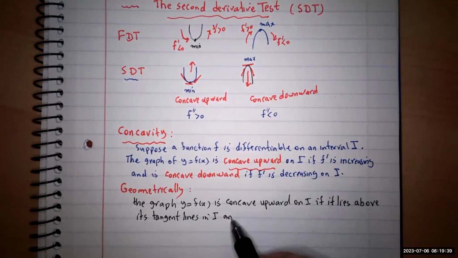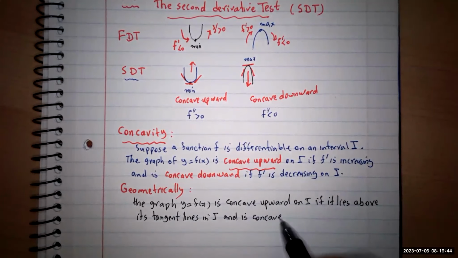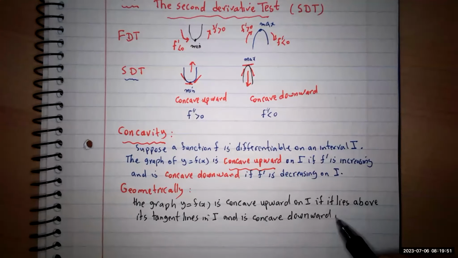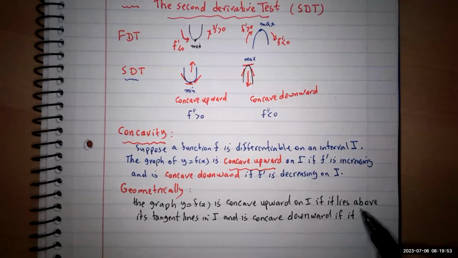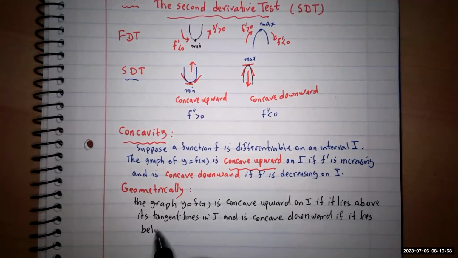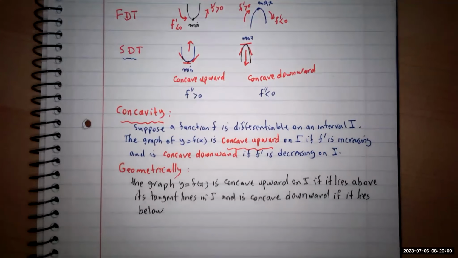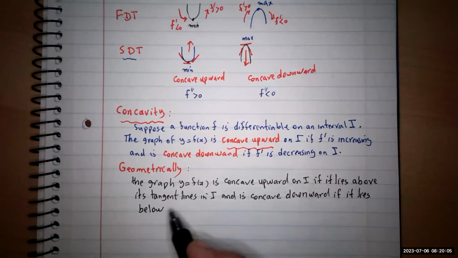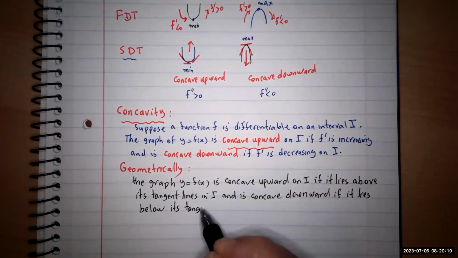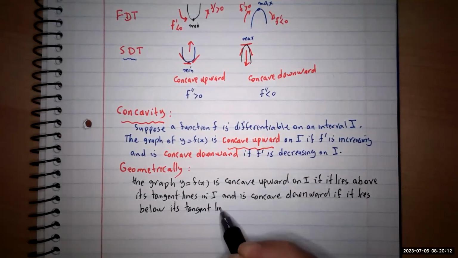And it is concave downward if it lies below its tangent lines.